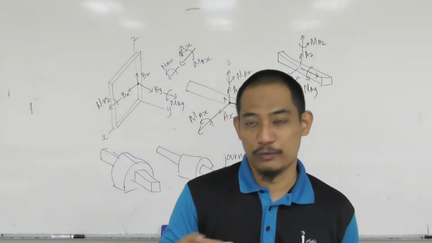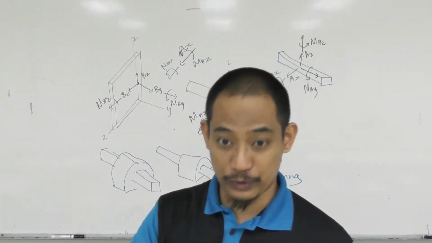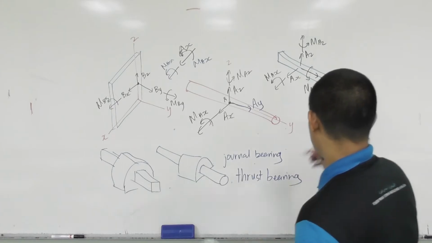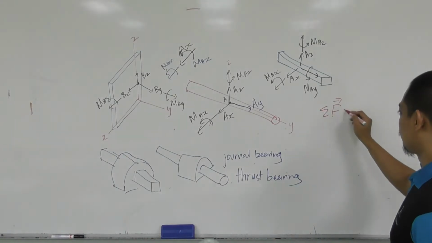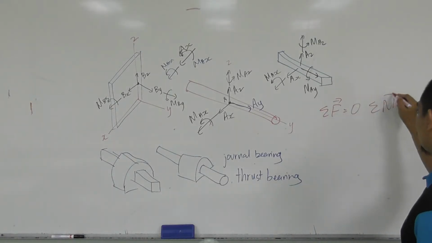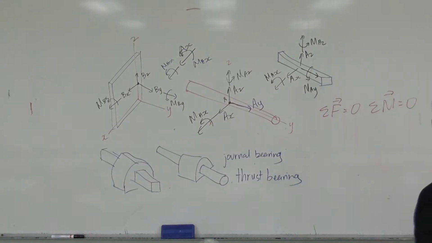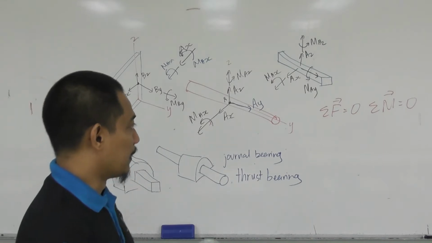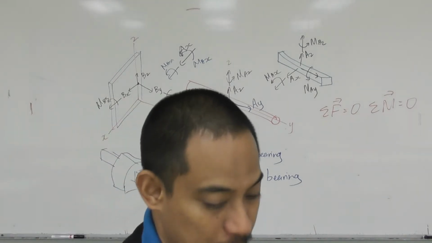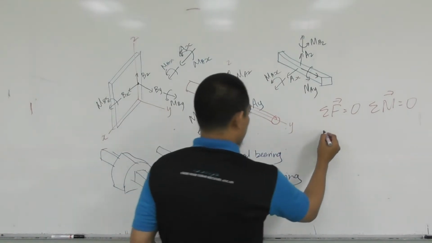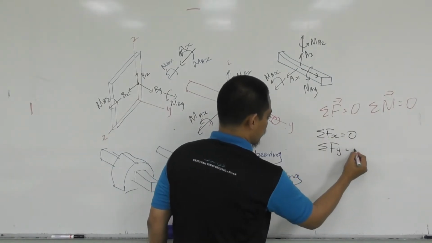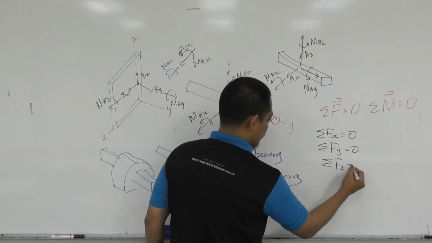Then we go to the equations of equilibrium. Of course, we have covered this already. Basically, in terms of vectors, it is summation of force equal to 0, summation of moment equal to 0, right? In terms of scalars, it will be summation of Fx equal to 0, summation of Fy equal to 0, summation of Fz equal to 0.